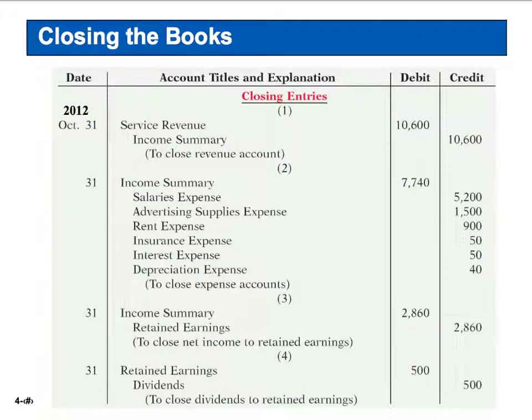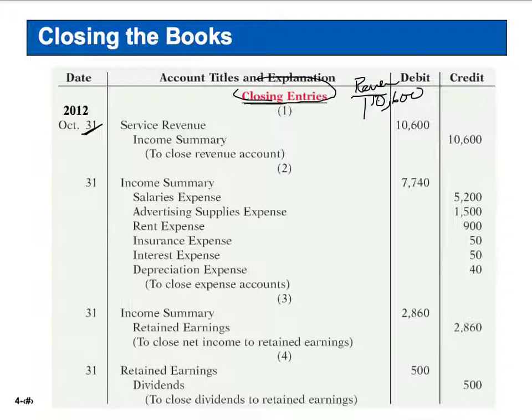How do we do that? Well, in our journal, we head up the closing entries, all dated at the end of the accounting period. Now notice we do something different here. Service revenue, if you think of revenue as a T account, has a credit balance of $10,600. What I'm doing here is I'm journalizing this.